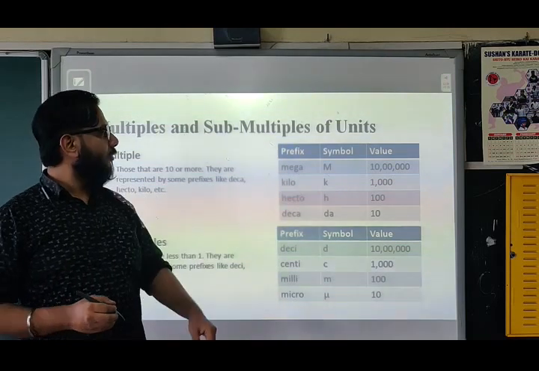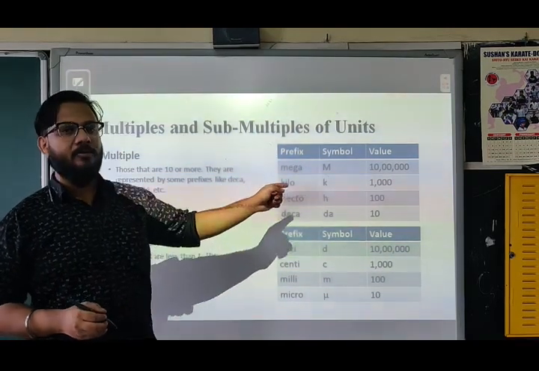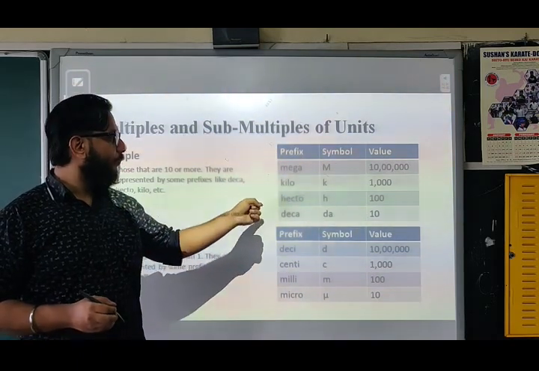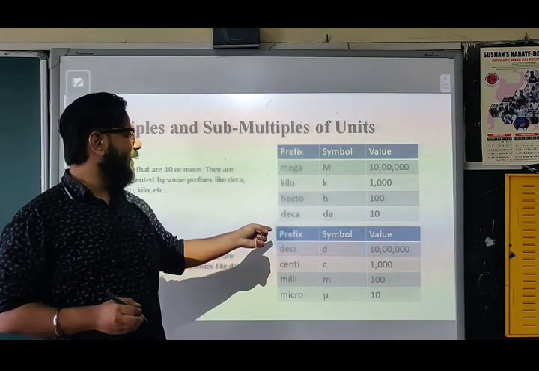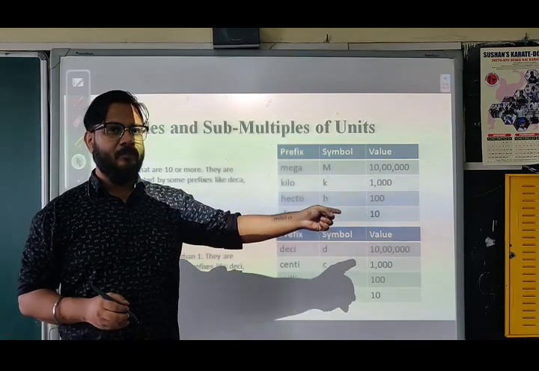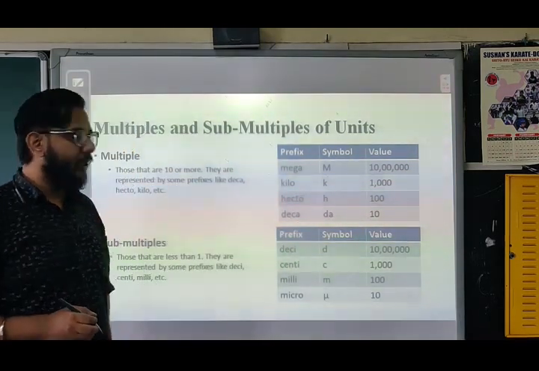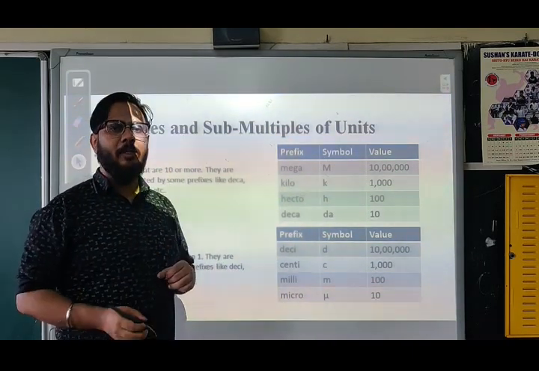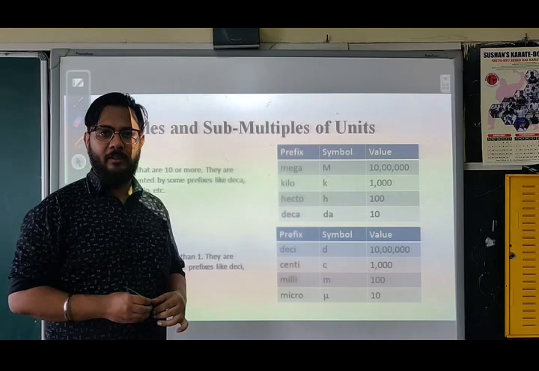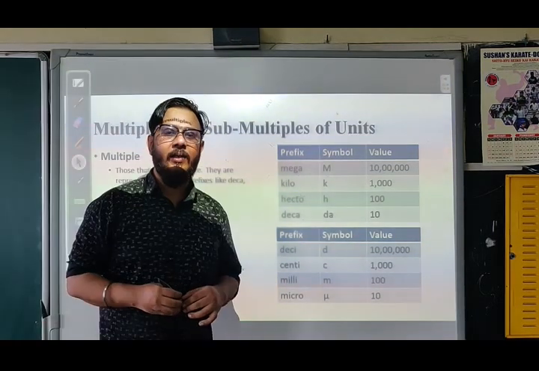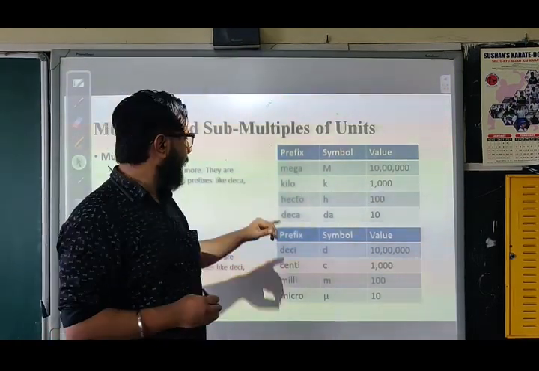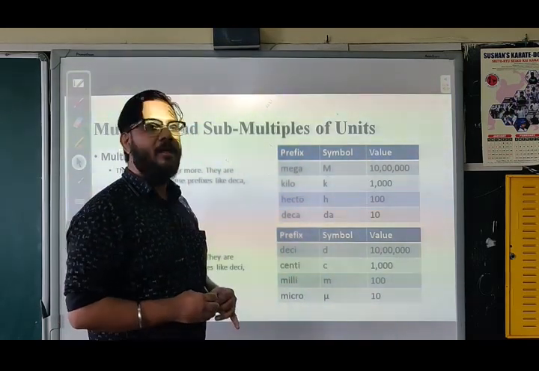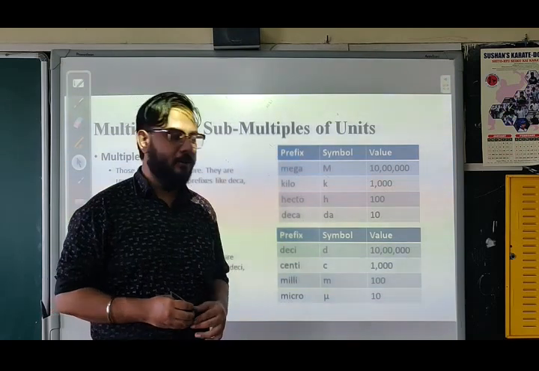Our prefixes are mega for 10 lakhs, kilo for 1000, hecto for 100, and deca for 10. So if a meter is 1, a decameter would be 10 meter. A hectometer would be 100 meter. A kilometer would be 1000 meter, and a megameter would be 10 lakh meter.